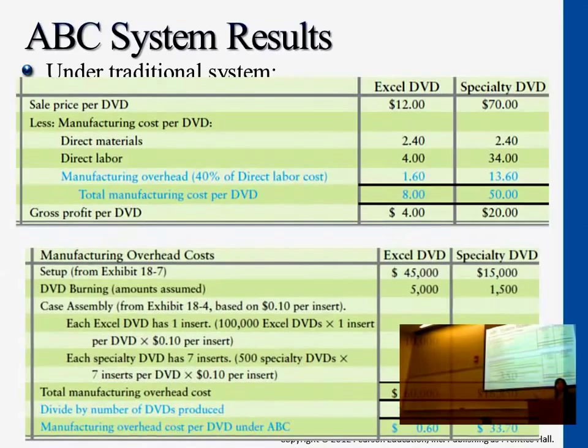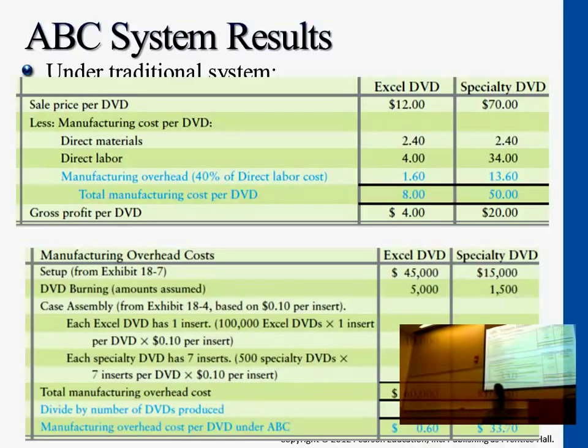So we separate activities, specifically manufacturing overhead cost, into three types, as we talked about earlier. We have setup cost, burning stage, and at the end, case assembly. So we're trying to understand better manufacturing overhead costs, separate them into three activities, and we already found the three drivers here.